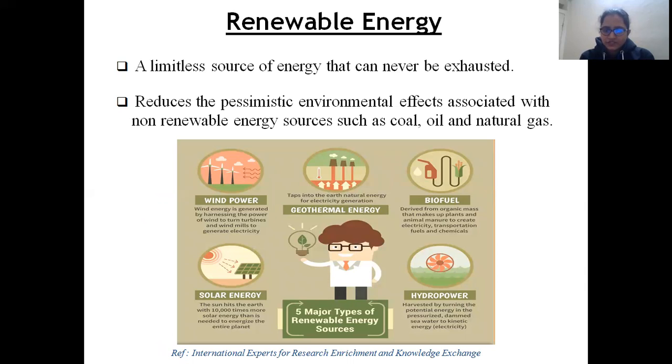There are 5 major types of renewable energy sources: wind power, geothermal energy, biofuel, hydropower, and solar energy. My area of interest in my research is solar energy.